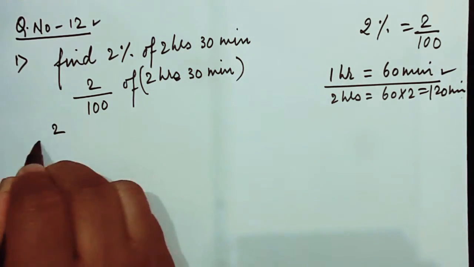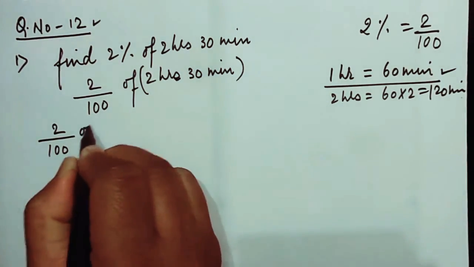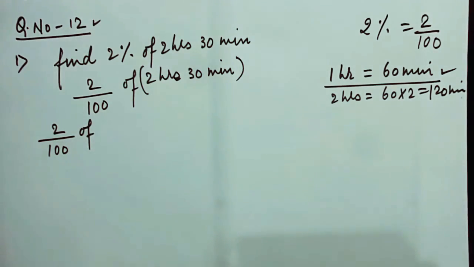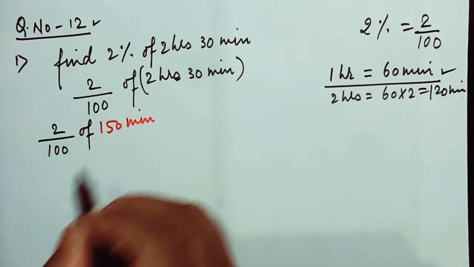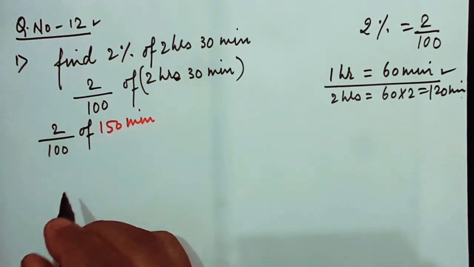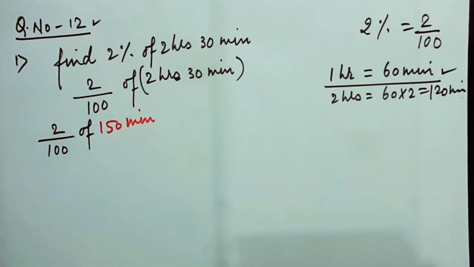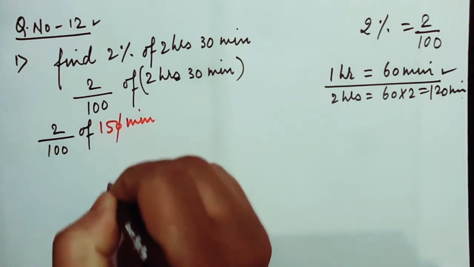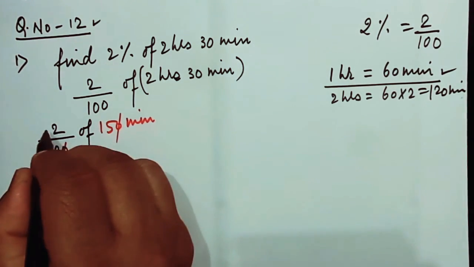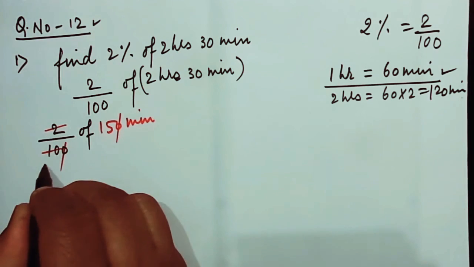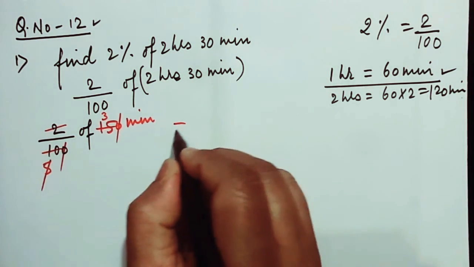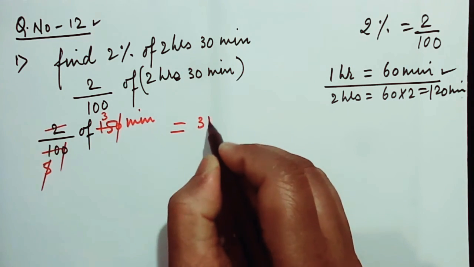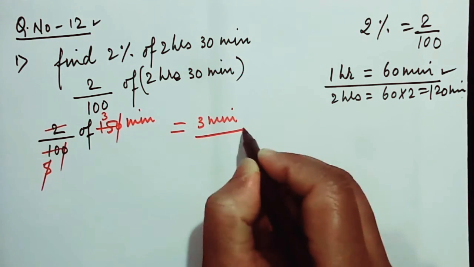So 2 by 100 of 150 minutes, isn't it? 150 minutes will give you how much? Let's cancel it. So 2 five times and 5 three times will give you 3 minutes.